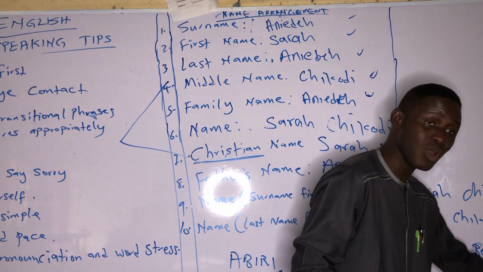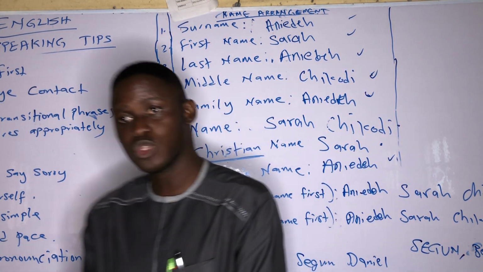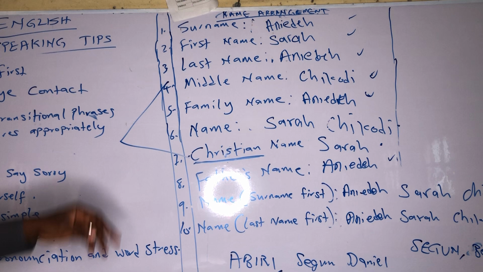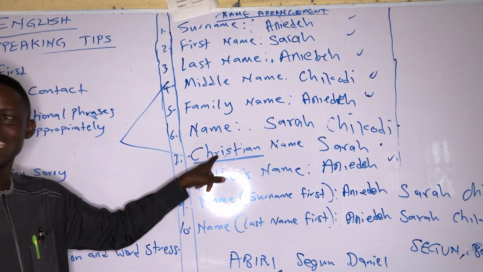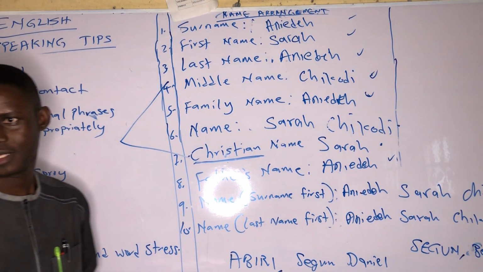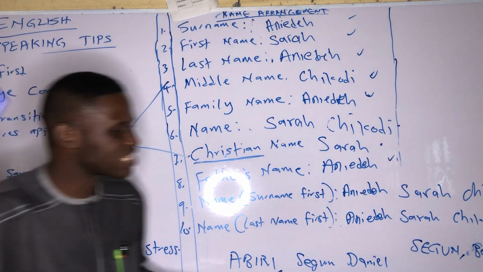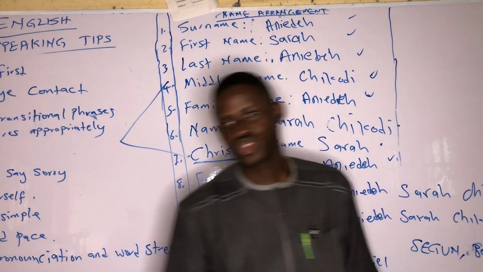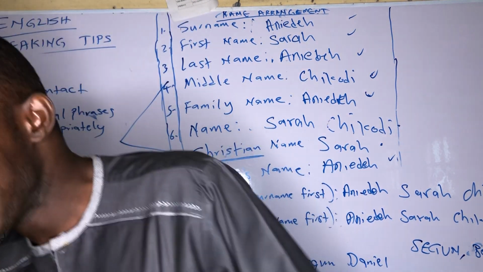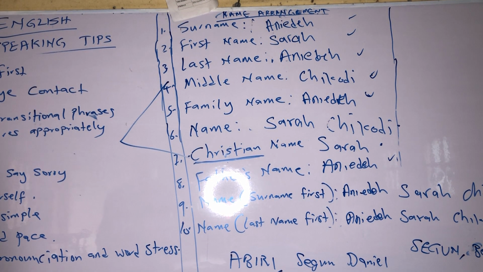But this one now, Bola for instance, is the middle name, and sometimes may be called the Christian name. But which name is the Christian name? Benjamin. But the way we now arrange it has told us that Bola should be the Christian name, since it comes at last.